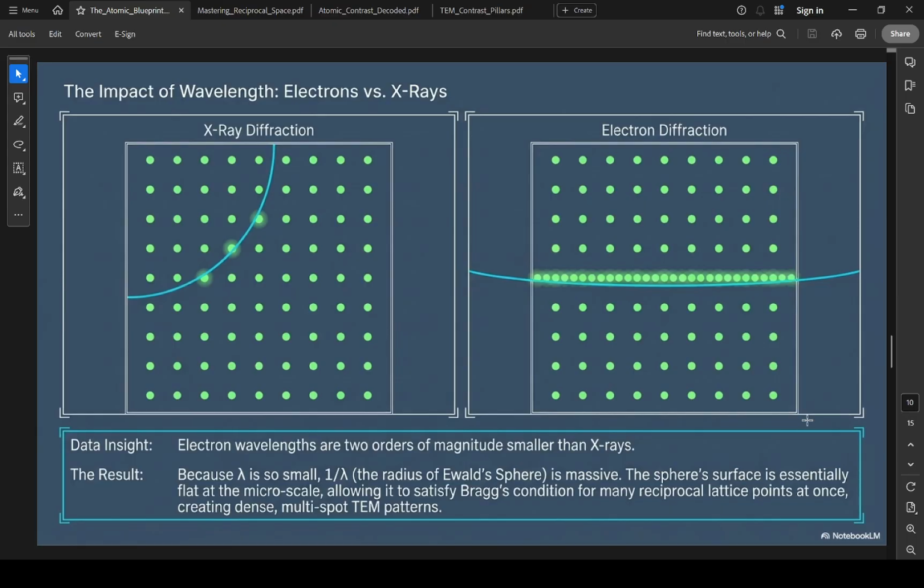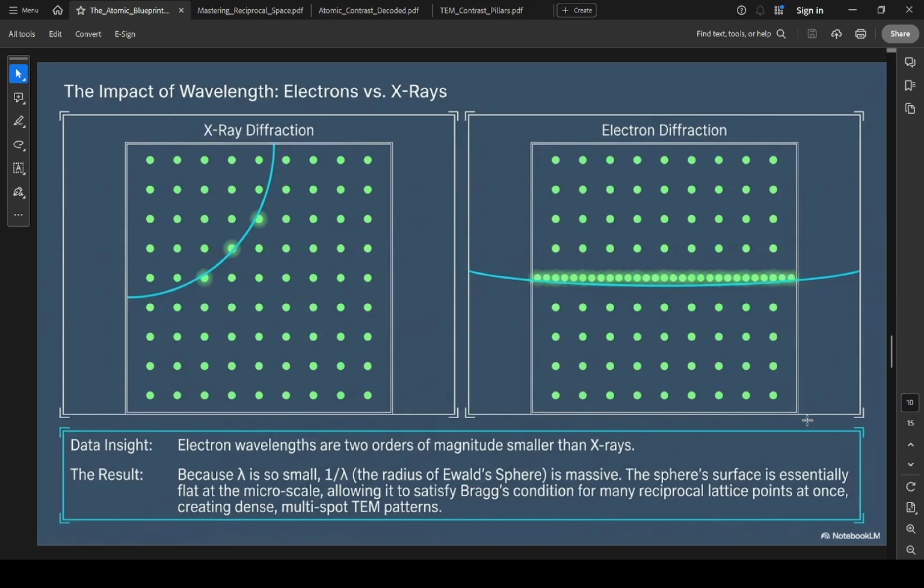Now, how does the wavelength impact this? We had studied that the Ewald sphere radius is inversely proportional to wavelength. Electron wavelengths are two orders of magnitude smaller than X-rays, and because the wavelength is small, 1 by lambda, which is the radius of the Ewald sphere, is massive. So the sphere's surface is essentially flat at the micro scale.